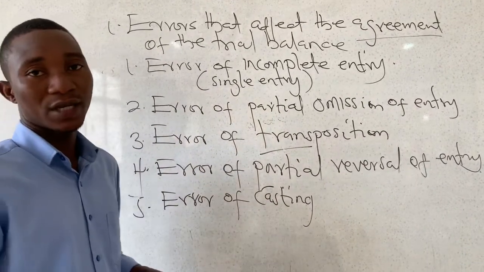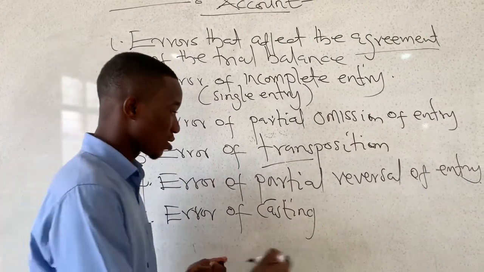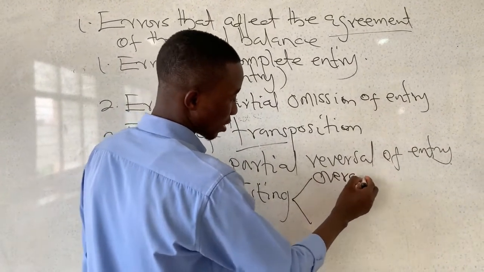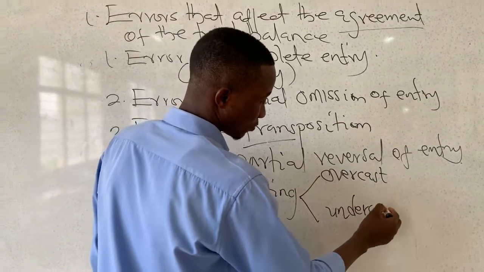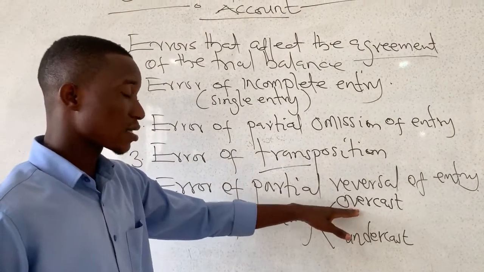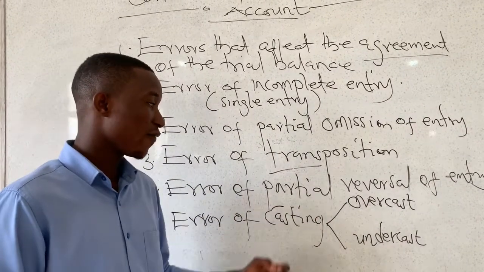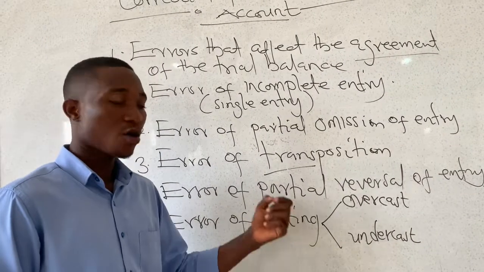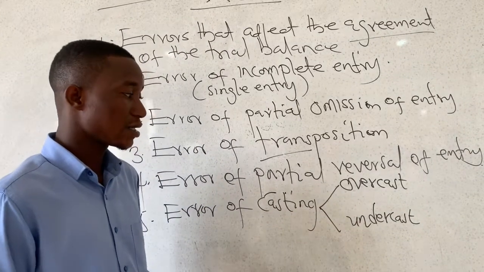It may result in either an overstatement or an understatement, that is, either an overcast or an undercast. The overcast has to do with recording an amount more than it's supposed to be, that is, you have overstated the amount. And the undercast has to do with writing an amount less than it's supposed to be, or you have understated an amount.